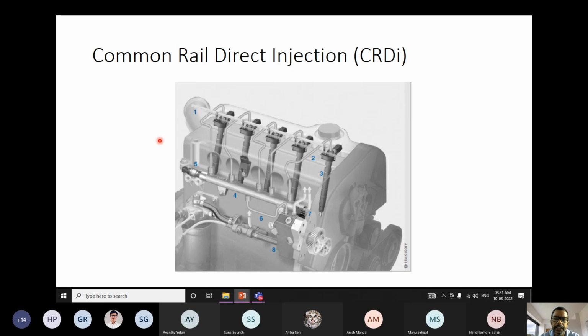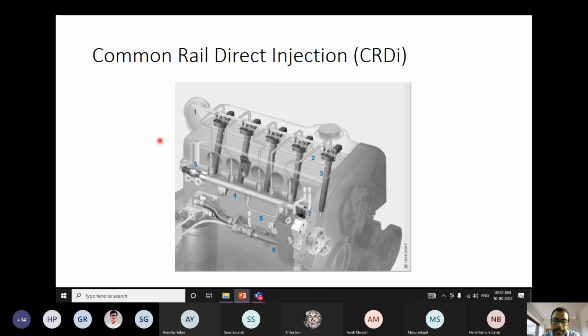This technology has changed the face of the diesel engine. If I remember correctly, in India at least, the first version of the Scorpio, around 2005 or 2006, they claimed that this is our first CRDI system in India.